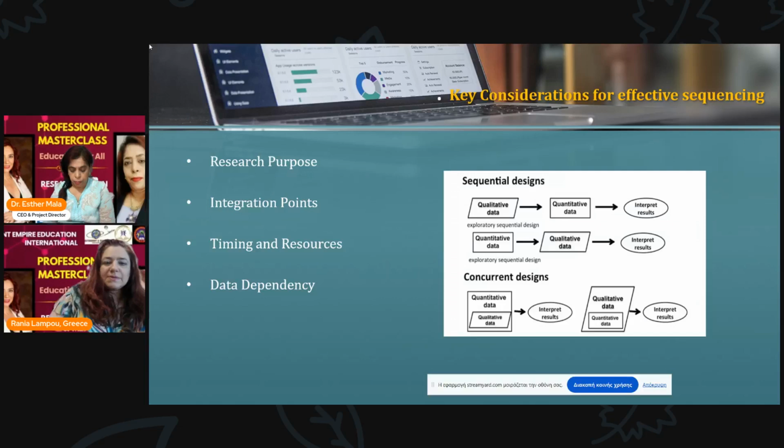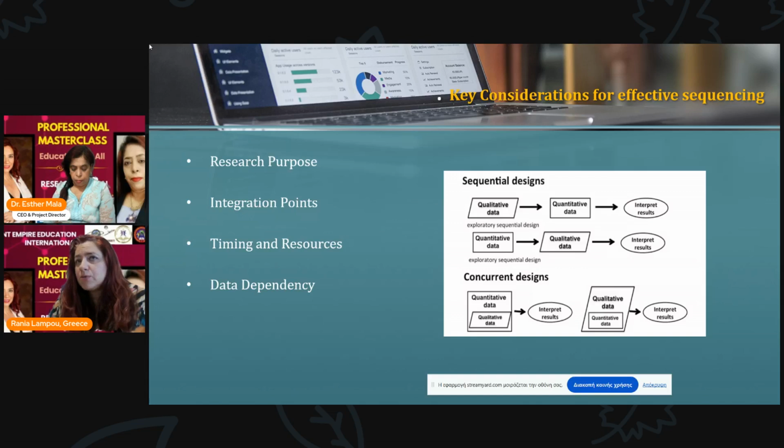So what are the key considerations for effective sequencing? You need to ask, is the goal exploration, explanation, or confirmation? This is what often dictates which phase comes first. So the research purpose is the first one. Then you decide where and how to integrate data: during collection, analysis, or interpretation, the integration points.